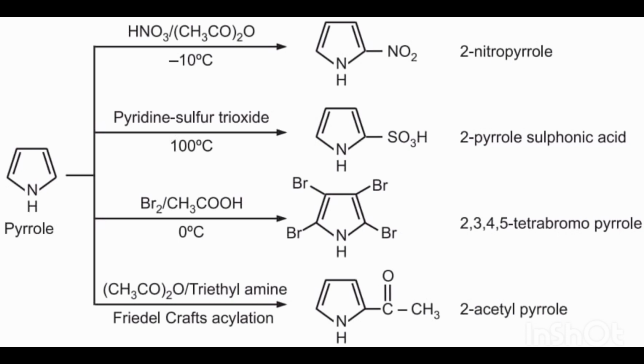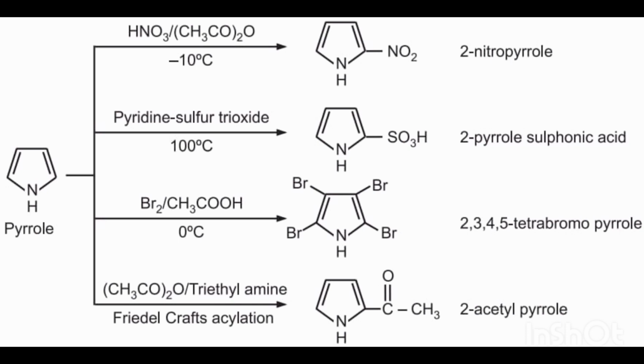The next reaction is halogenation. Here pyrrole is treated with bromine in the presence of acetic acid at a temperature of 0 degrees Celsius, which gives 2,3,4,5-tetrabromopyrrole.